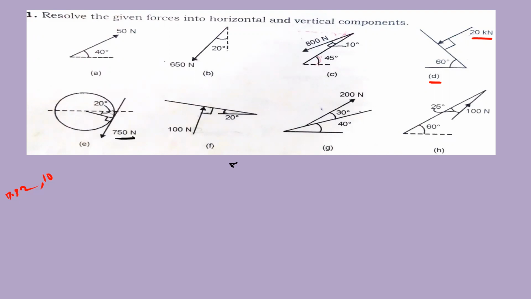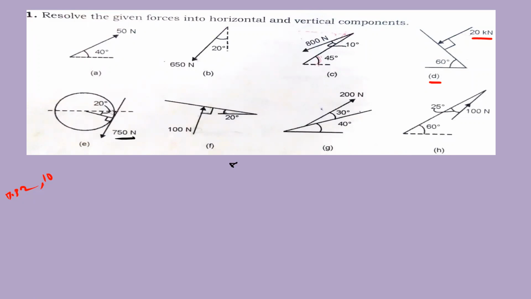So the force is perpendicular to the radius, and for this radius, its angle is given as 20 degrees. Now we have to find the x and y components. For that, we have to assume the x and y axes, and then find the angle with respect to the x and y axes.